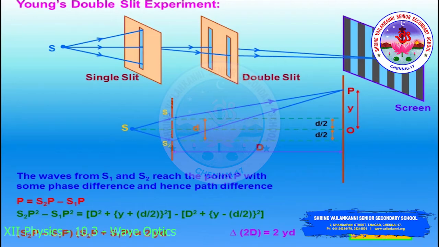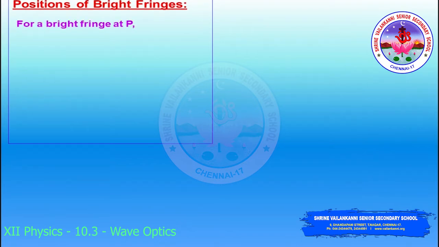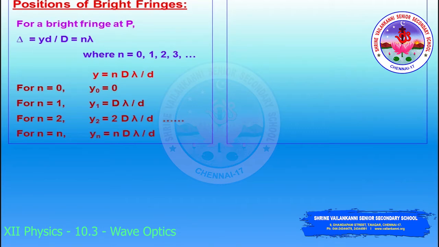Now we can see the positions of the bright fringes and the dark fringes. This is the general value we got, and now we will see how we get it for the bright and dark fringes. For bright fringes, delta equals Xd by D, which is equal to n lambda, where n is equal to 0, 1, 2, 3 and so on.